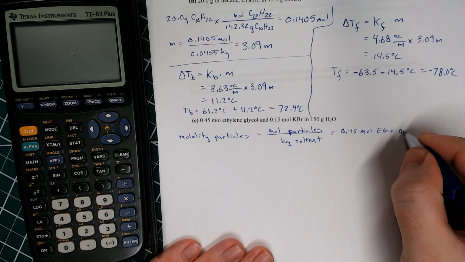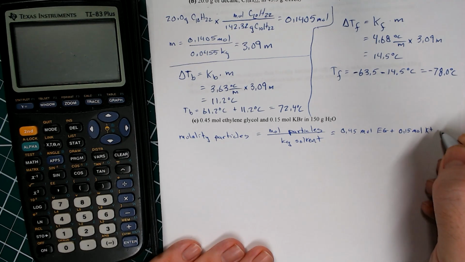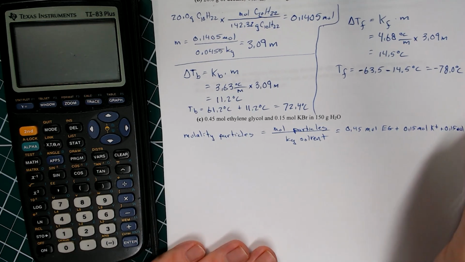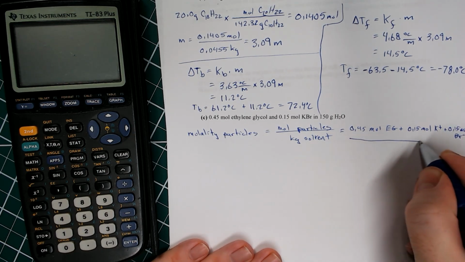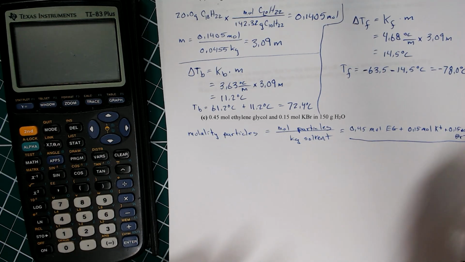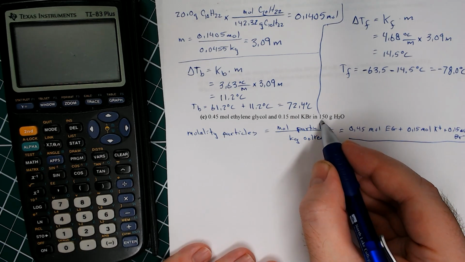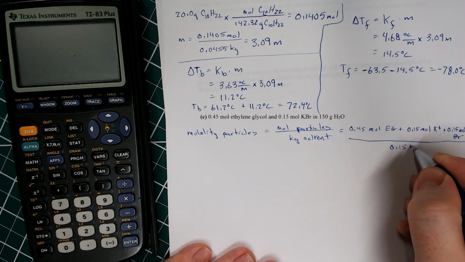So I'm going to put 0.15 moles of potassium and 0.15 moles of, I ran out of space there, bromide. And then we're going to divide all of that by the kilograms of solvent, where our solvent is 150 grams, so we have 0.15 kilograms.